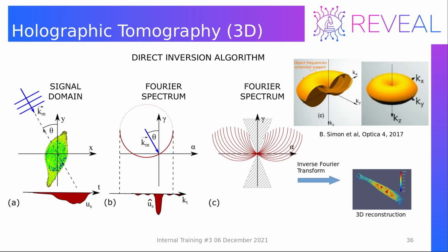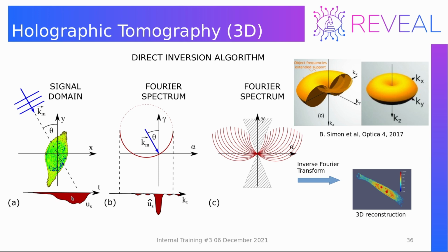So we have a plane wave which illuminates our sample from this direction, and of course we have a reference wave which creates the interference fringes at the camera and so on. But as a result, after the processing of this image, you get a two-dimensional phase distribution.